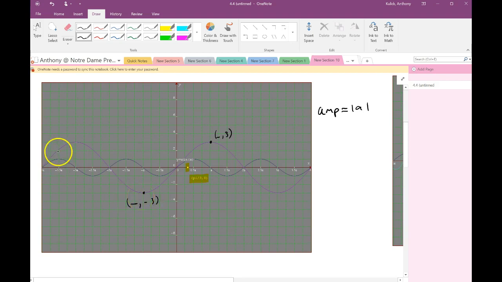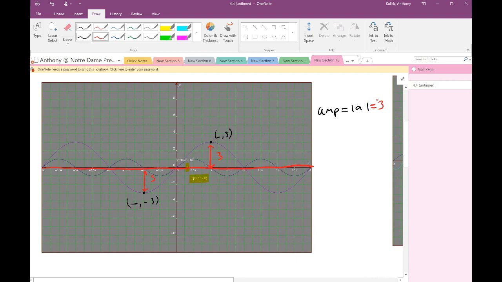So the mean line for this function is going to be just the x-axis, because it's going to divide the graph so there's an equal amount of the graph above and an equal amount of the graph below. Now to determine the amplitude, that's just the distance from a maximum or minimum to the mean line. In this case, that distance is 3. So we know that the absolute value of A is 3.